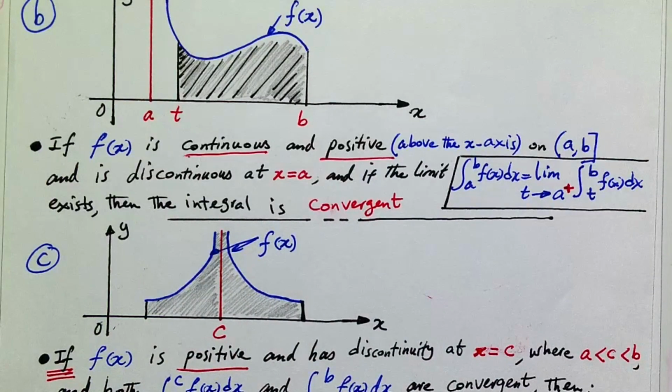And we know what to look for, right, as we take the limit. If we end up with some quantity that we can understand, which is not equal to plus or minus infinity, then it's convergent. But if it is equal to plus or minus infinity, then it is divergent.